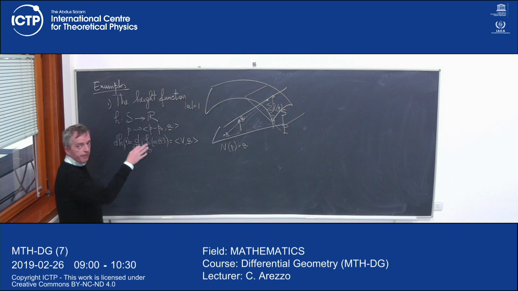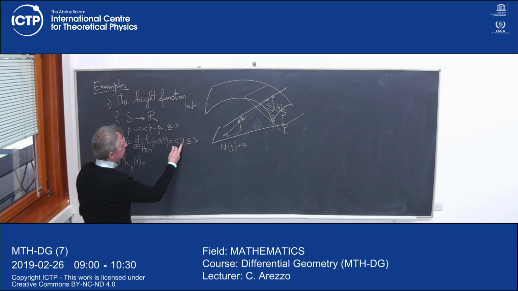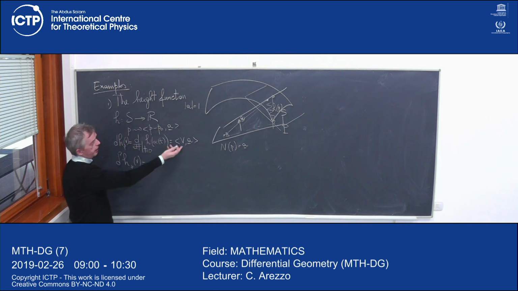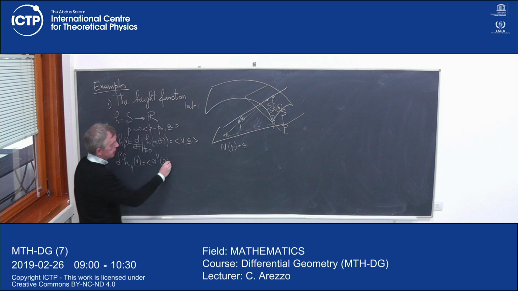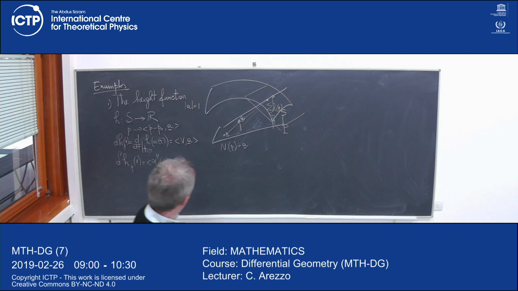Now we have to assume it. So for a point for which this happens, I compute the Hessian at the vector v. And then, of course, I need to take the second derivative of this. So I go back here. The first derivative was actually, here I've already substituted alpha prime of 0. But if I take just the first derivative at time t, this becomes alpha prime at t, scalar a. So if I take the second derivative, this becomes just alpha double prime at 0, scalar a. Are you with me?